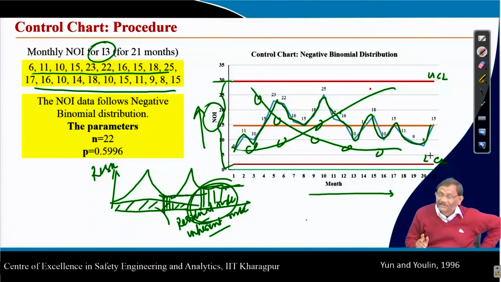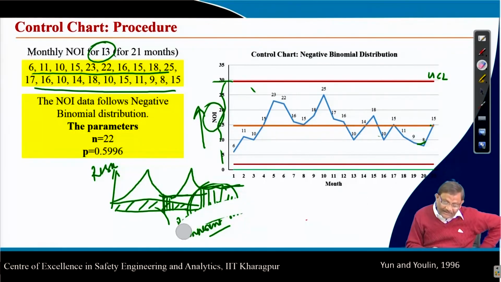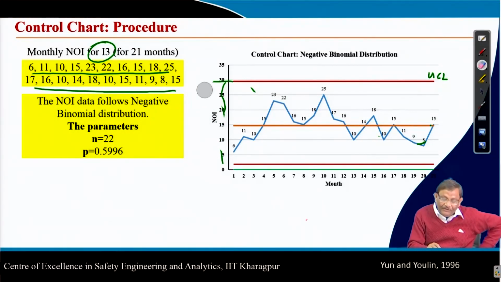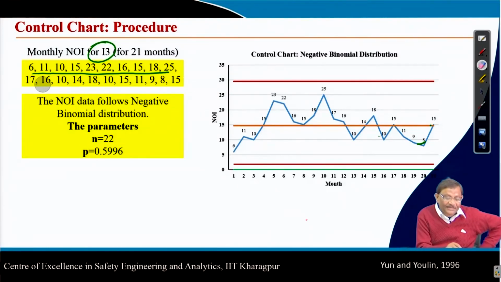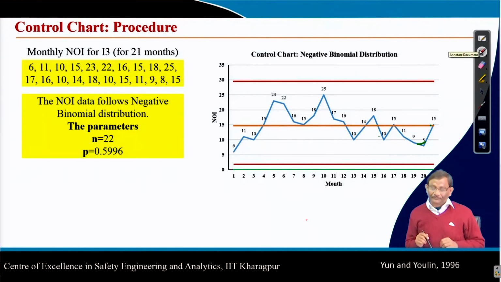We will discuss it later, but for the time being, please understand that you are generating a certain range, UCL minus LCL, where the outcome variable, here the number of incidents, will lie within this but randomly.